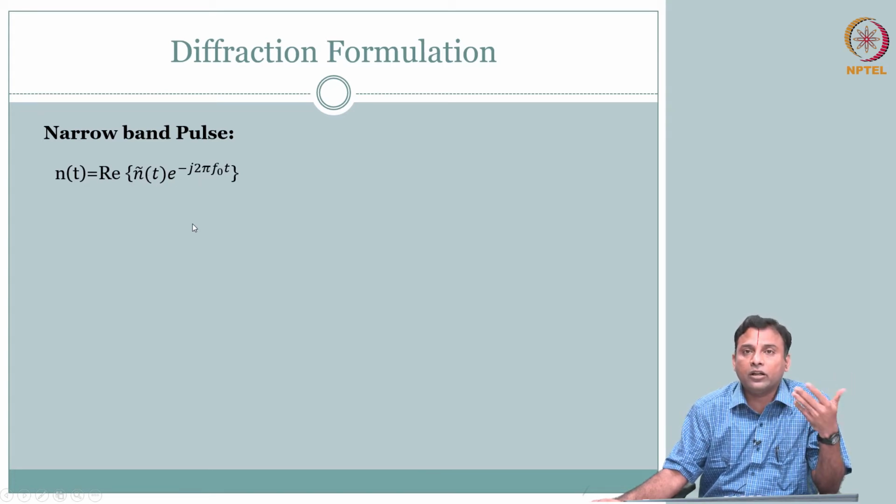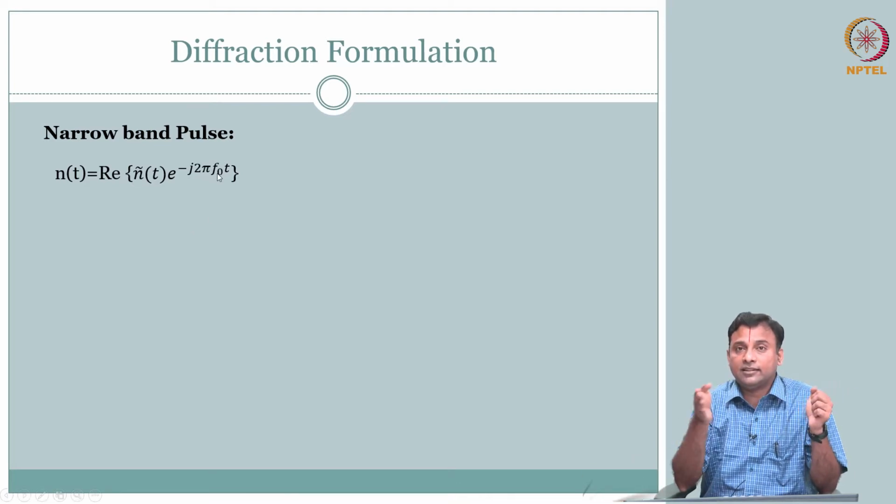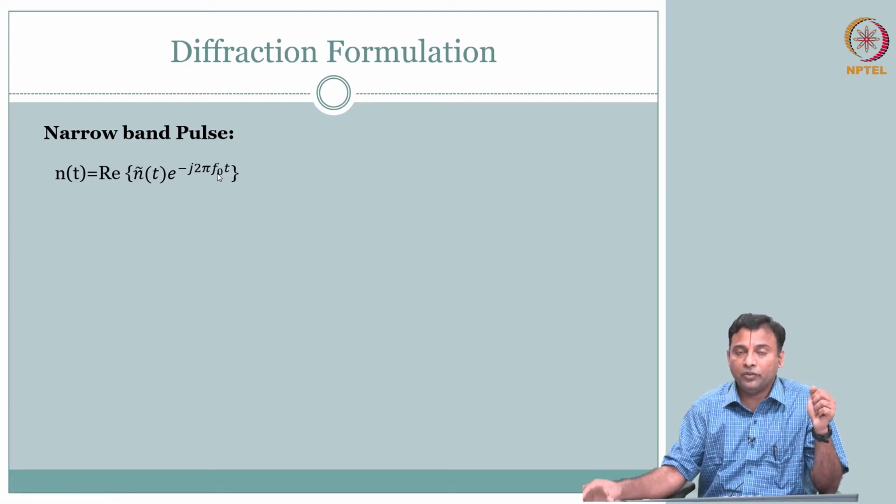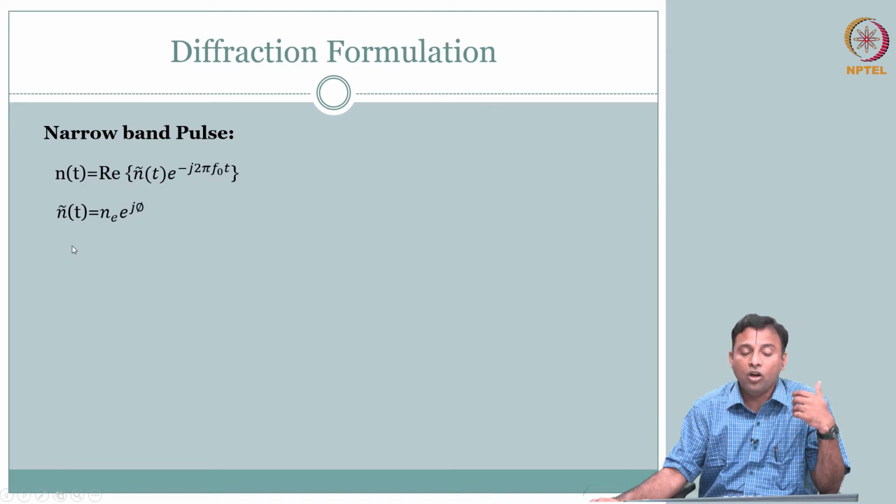You are going to write the wave because it has a frequency, the resonance frequency of the crystal. We are going to write that resonance frequency, but we are also going to write it in terms of the envelope. So, this n tilde of t is nothing but the envelope of the signal, and there is a phase of this envelope.